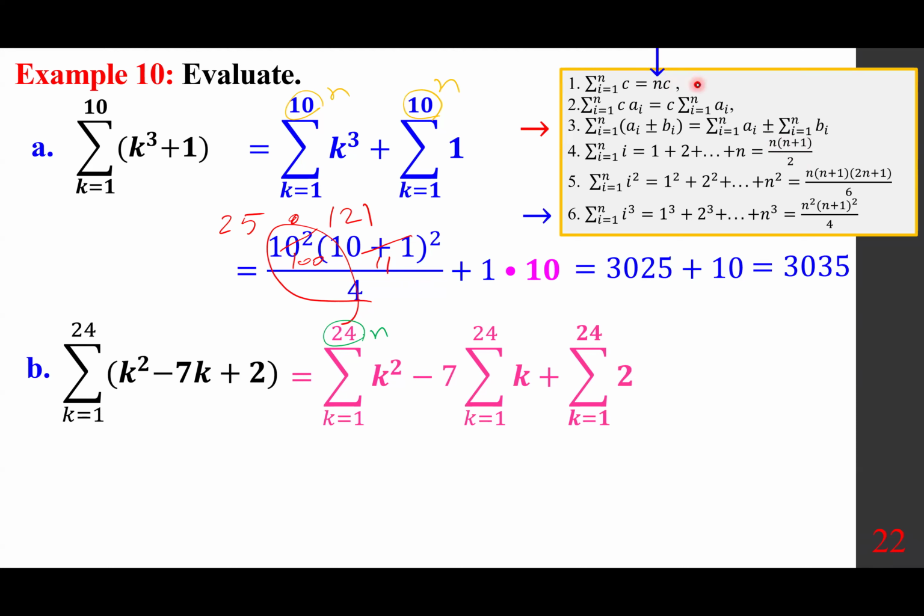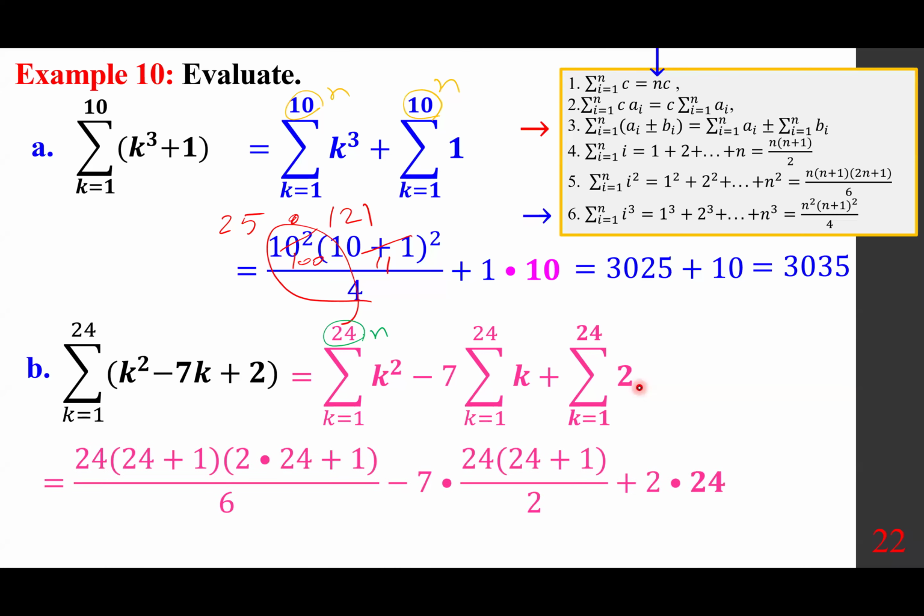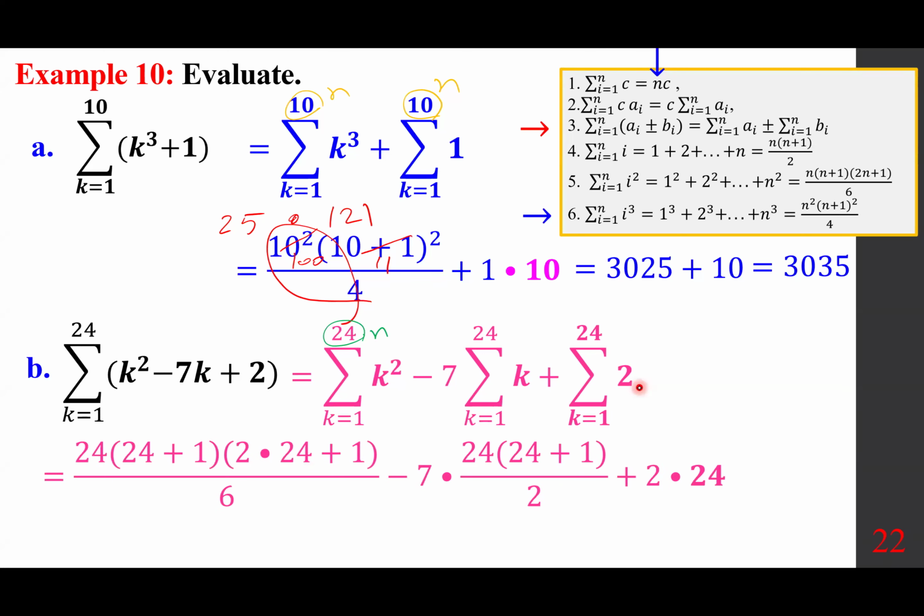And for this one, we use n times c, 2 times 24. So we do the math, we plug in, we do the math, we end up with 4,900 minus 2,100 plus 48, which is 2,848 as the final answer.